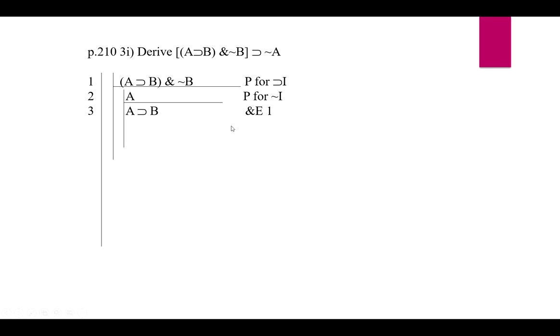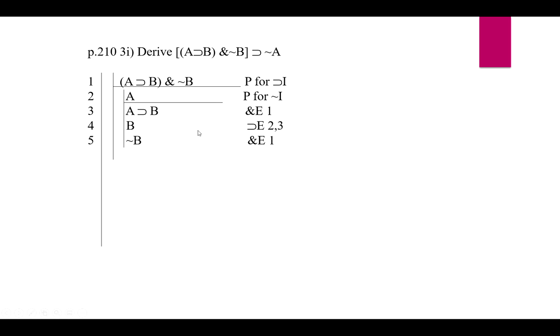Now we can start breaking this apart, right? We can get if A then B from conjunction elimination from line 1, which then lets us get B by itself from lines 2 and 3, right? We have A and we have if A then B, so we can get that consequent B on line 4. And now we can get not B, right?